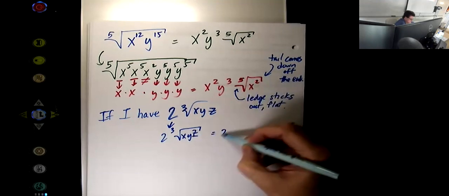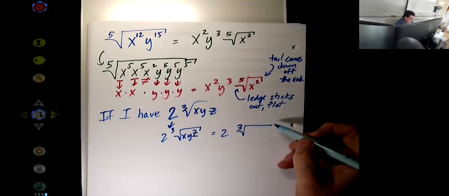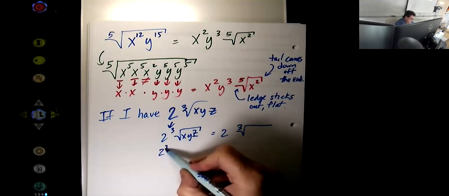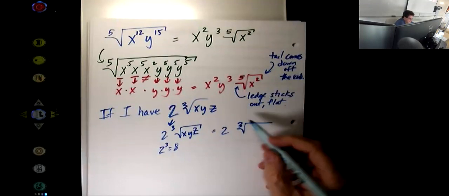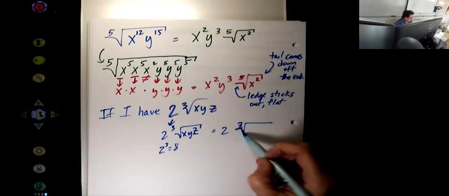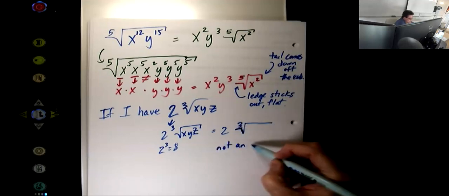Is it 2 times the cube root of something? Over here, the 3 is on the index. If you put out a nice little flat ledge, you can make it clear it is not an exponent for what comes before.